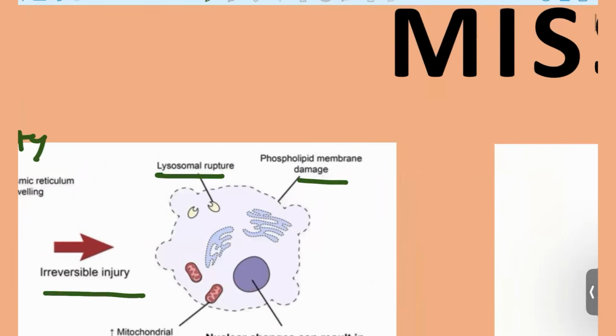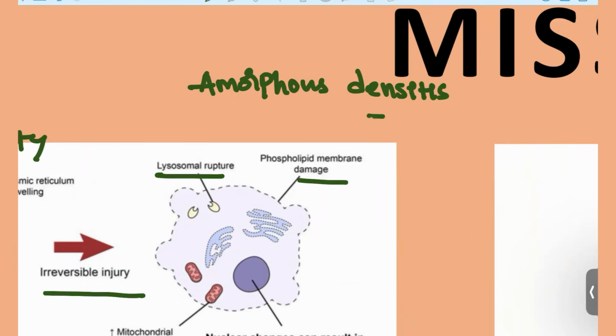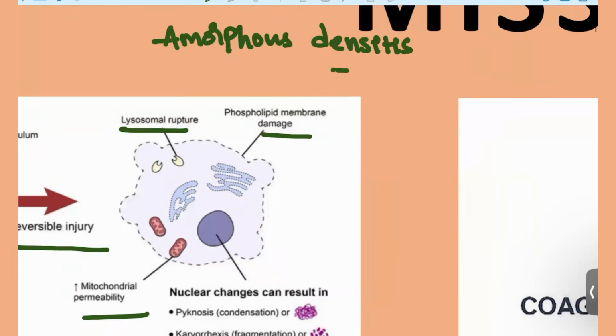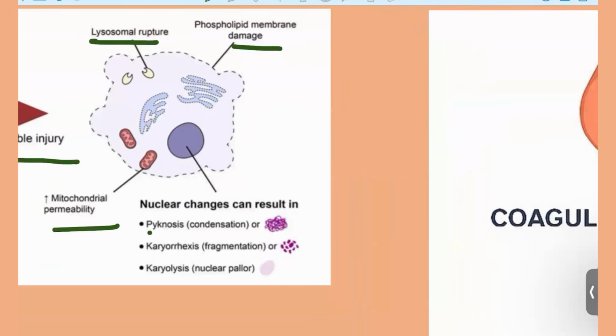Classically, we say amorphous densities. On electron microscopy, when you see these amorphous densities and calcification, this is the classical hallmark of the irreversible injury. Along with that, pyknosis, karyorrhexis, and karyolysis are also seen in the irreversible injury.